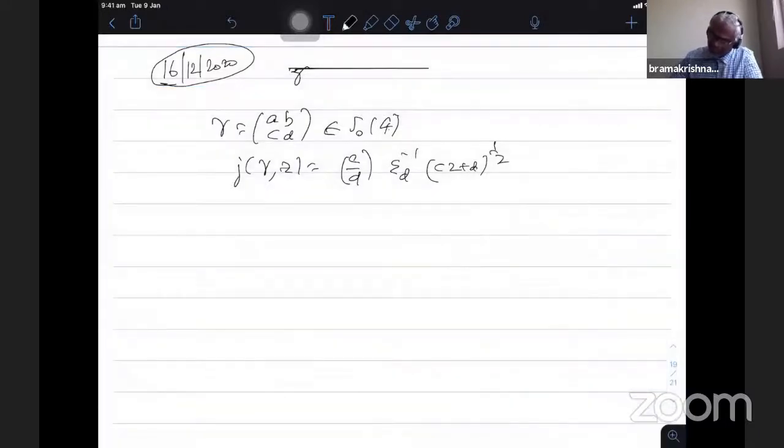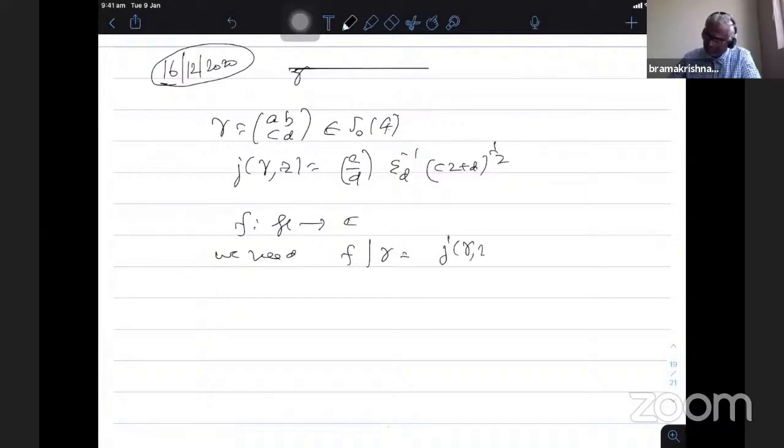Then we defined a modular form F. I briefly explain. We need this automorphic condition: F bar gamma equal to J of gamma, z to the power minus 2k minus 1, F of z.